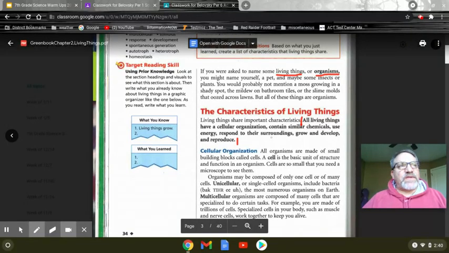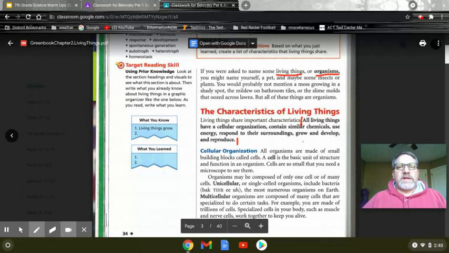The 5th characteristic is grow and develop. All living things grow and develop. Look at how much you've grown and developed since you were a little baby. When you were a baby, you couldn't walk, you couldn't talk, you couldn't feed yourself. Now you're walking, running, you have a huge vocabulary, and you can even feed yourself.